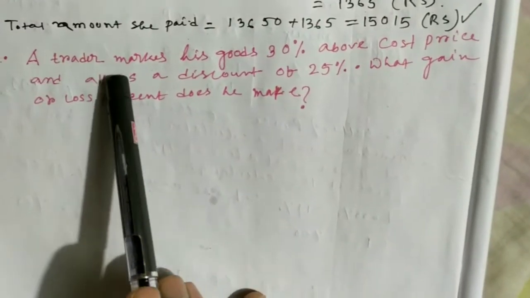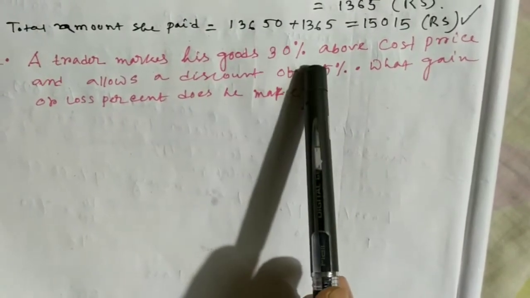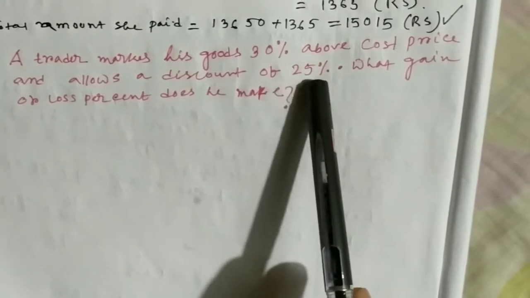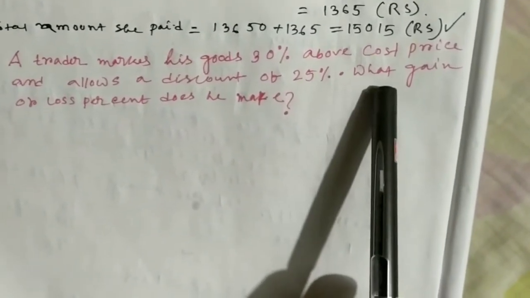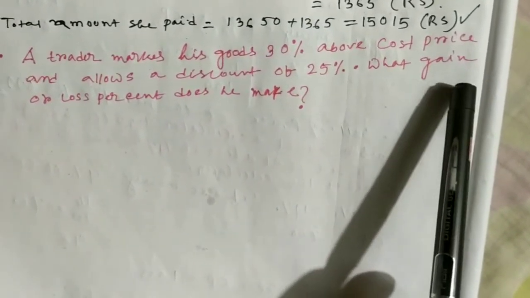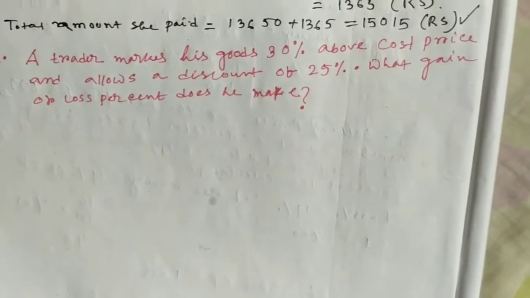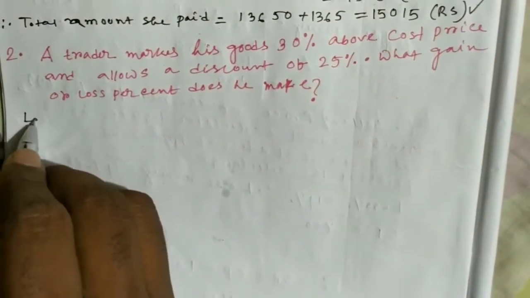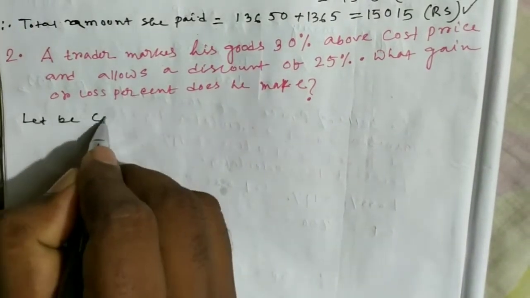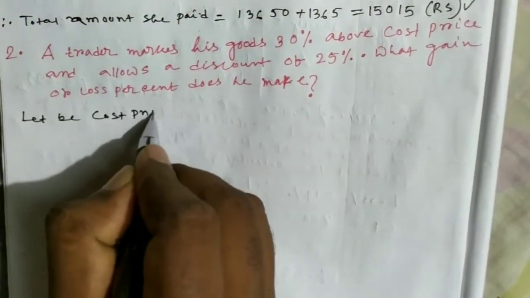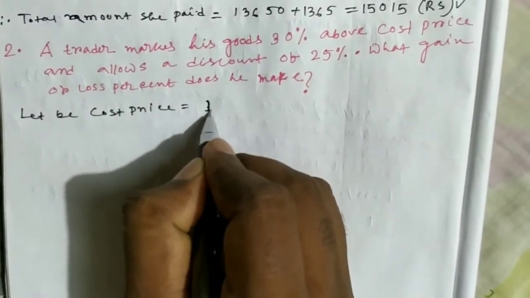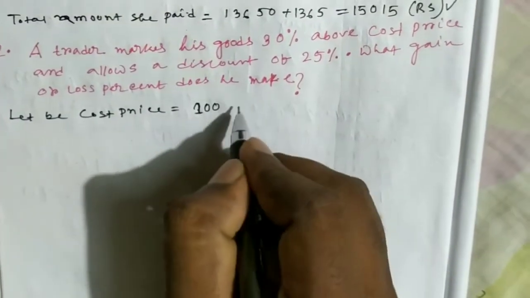A trader marks his goods 30% above the cost price and allows a discount of 25%. What is his gain or loss percent? So let the cost price, or CP, be rupees 100.